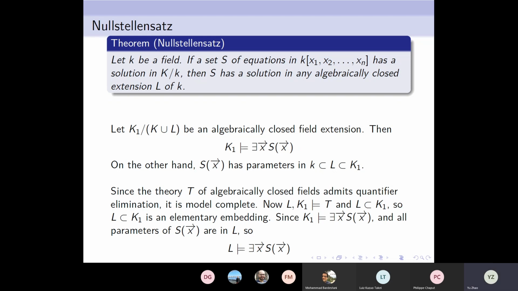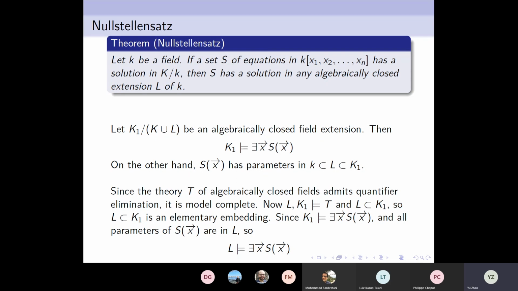So why is this the Hilbert Nullstellensatz? For a set of equations in this polynomial ring, we can always find a solution in a field extension, if we don't put restriction on what the field extension is. For example, every irreducible polynomial corresponds to a prime ideal, and if we mod out by the prime ideal, we get an integral domain.